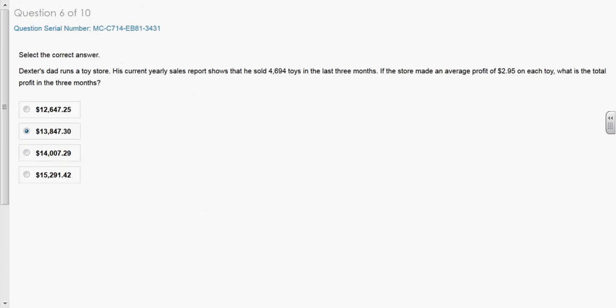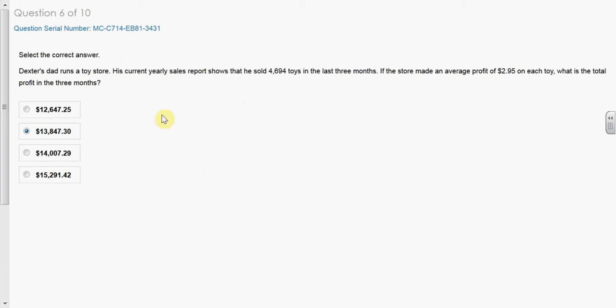Dexter's dad runs a toy store. His current yearly sales report shows that he sold 4,694 toys in the last 3 months. If the store made an average profit of $2.95 on each toy, what is the total profit in the 3 months? To get the total profit, we just multiply the profit per toy times the number of toys.